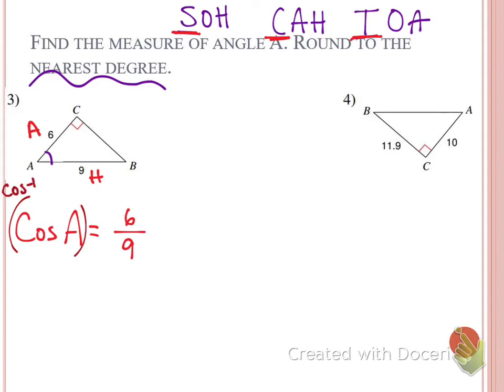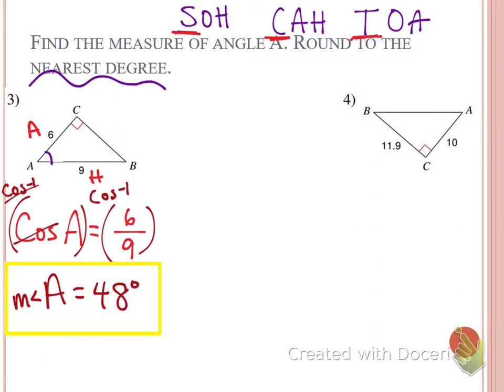So shift cosine. So type in your calculator, shift cosine, and you could just do 6 divided by 9. You don't have to make it into a fraction. And the measure of angle A, we said to the nearest degree, is 48 degrees. You should have gotten 48.1896, and so on.